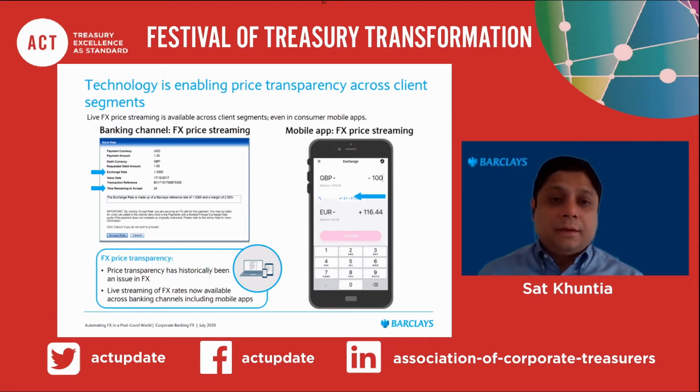And what you see here is that we make the live mid-rate visible to our clients on the screen. They're also able to see the margin that has been applied, which is generally pre-agreed with the clients. So that price transparency gives a lot of confidence to our corporate clients to conduct the transactions.